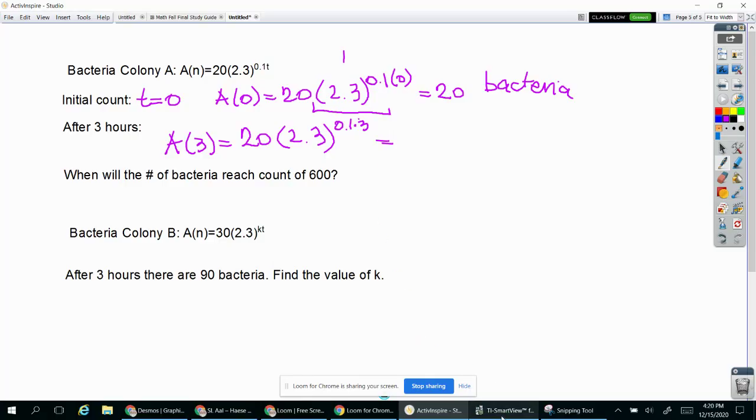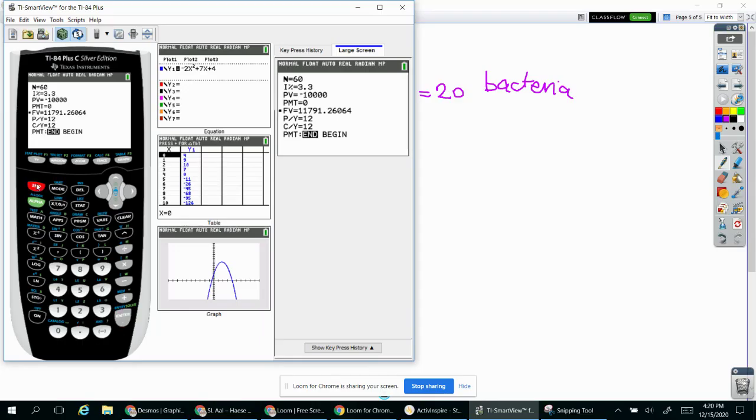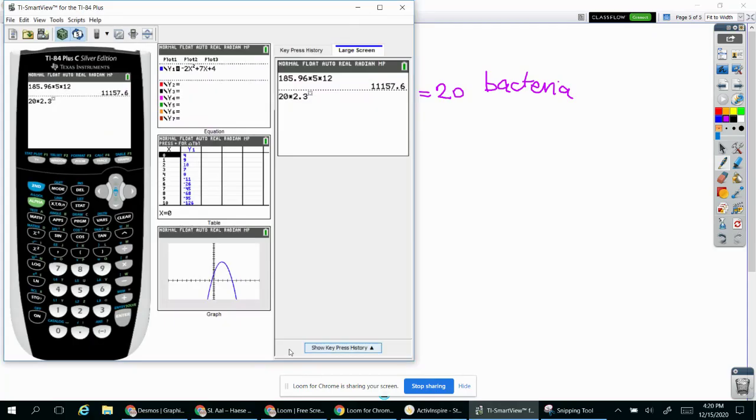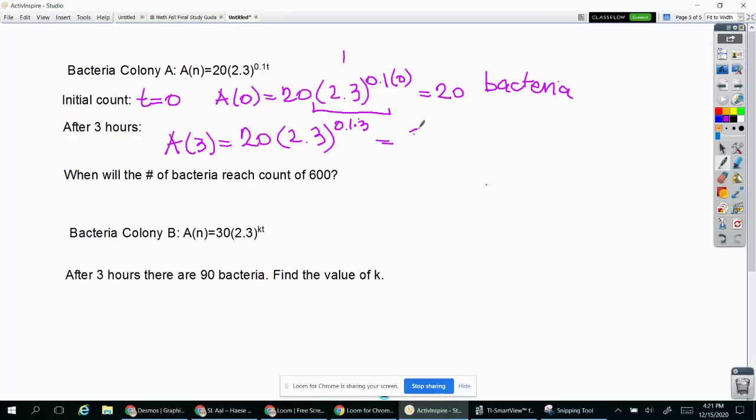I can just use the calculator, second quit, 20 times 2.3, and raise that to, I had 0.1 times 3, that's just 0.3. So raise that to the 0.3 power. We have 25.67, so we're going to round up to 26 bacteria.